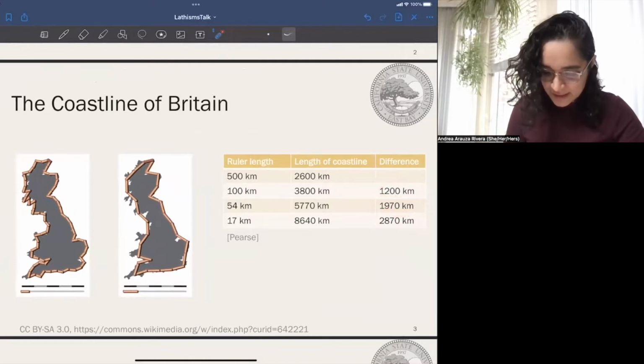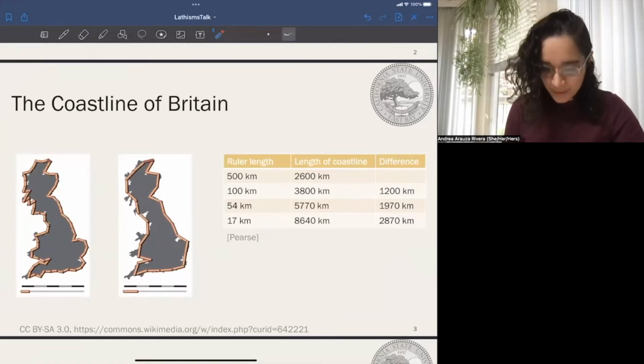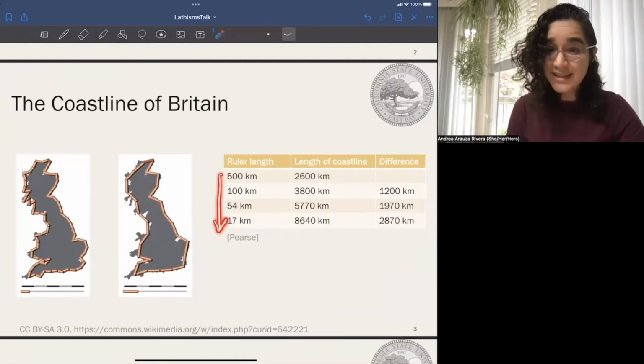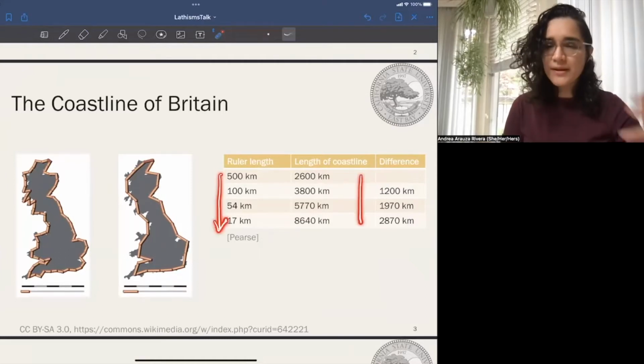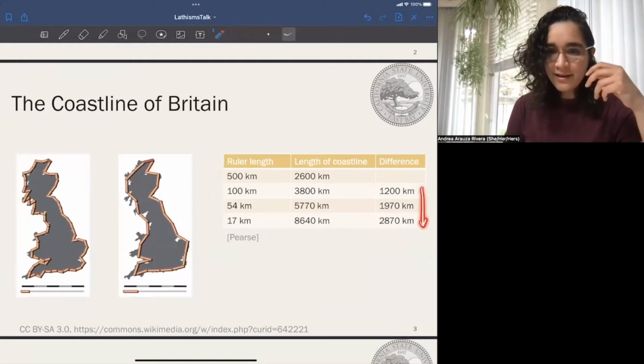This 1,970 is the difference here, and so on. You might notice that my approximation for the length of the coastline is getting bigger at each point. As I use a ruler that gets smaller and smaller, my approximation for the length gets bigger and bigger. And the differences, which is maybe a little more startling, are also getting really, really big.